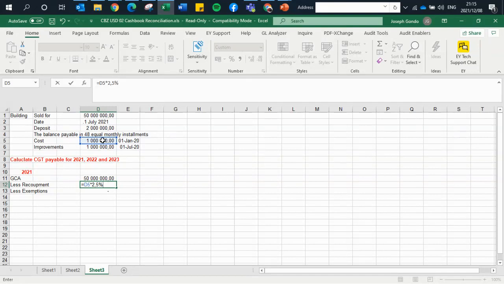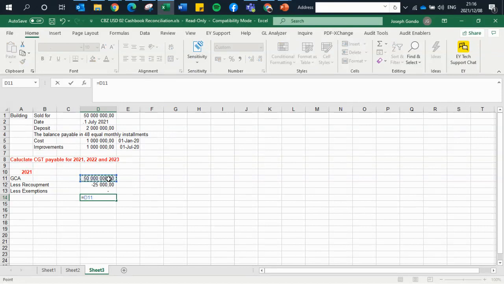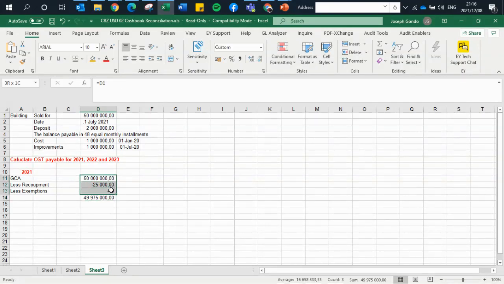So we know that there are no capital allowances in the year of disposal. So just multiply by 1 year. So that will be our recoupment. Okay. So we multiply it by -1 to make it negative. Then we say this one plus this one plus this one.